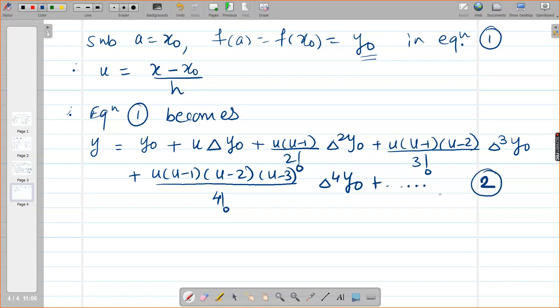This is my equation number 2, where u becomes x minus x naught upon h.